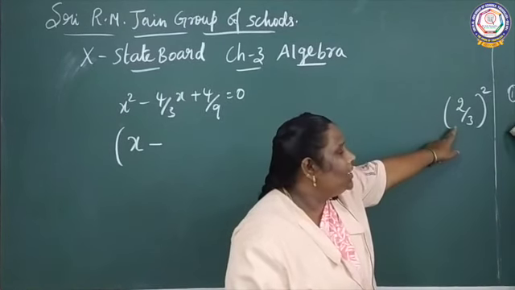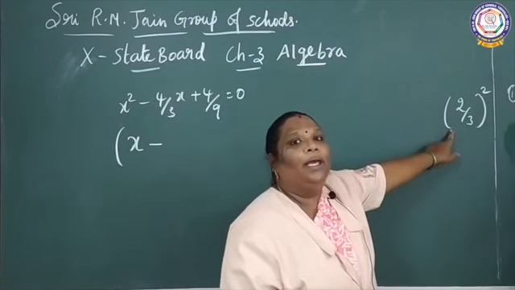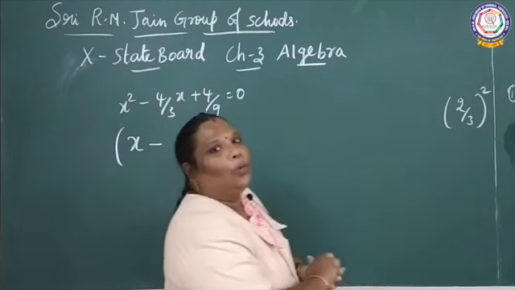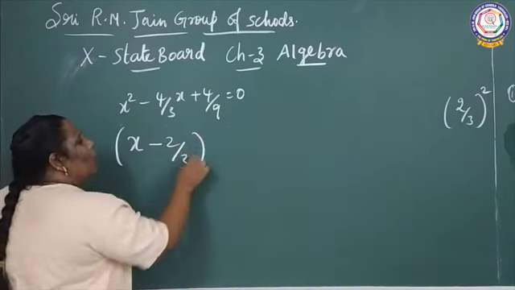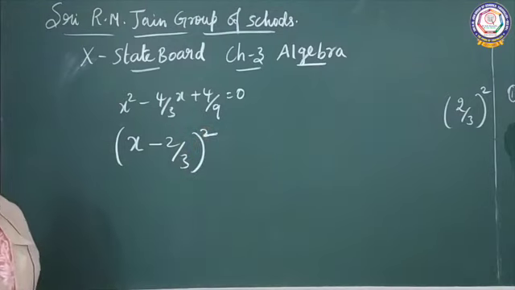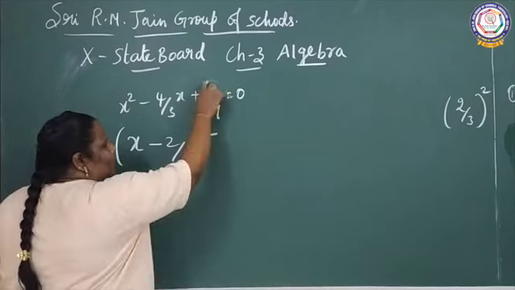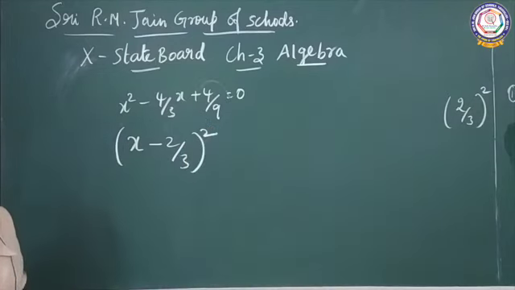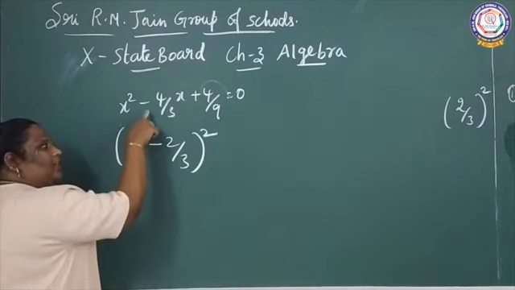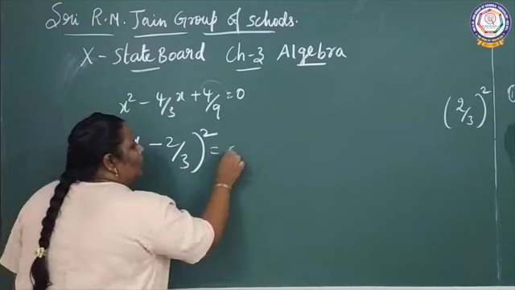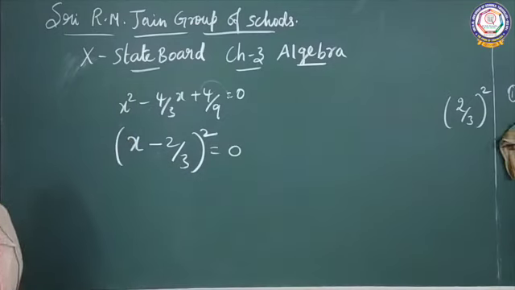Inside the bracket, you will write 2 by 3 the whole square. Or you can take the last term 4 by 9. What is the square root of 4 by 9? 2 by 3. If it is minus, you put minus; if it is plus, you put plus. So, x minus 2 by 3 the whole square.